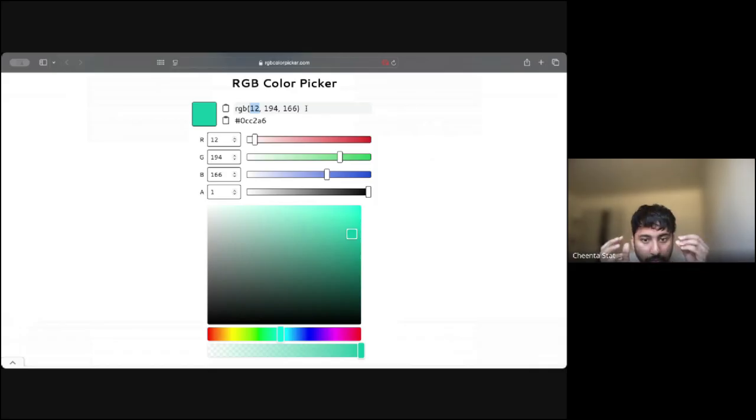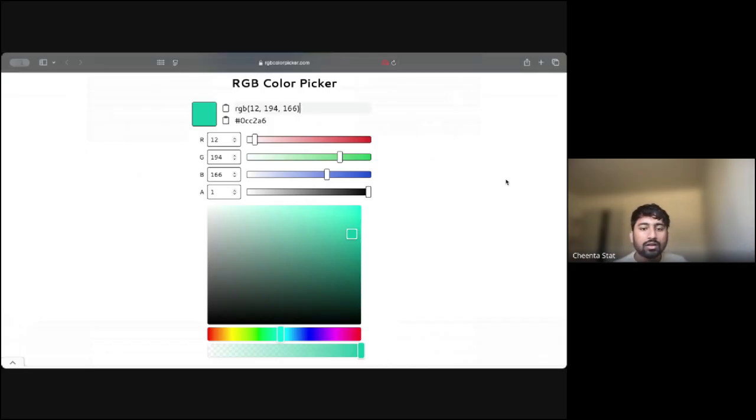It's a linear combination: R times red plus G times green plus B times blue, plus A, is equal to a color, where RGB are between 0 and 1.